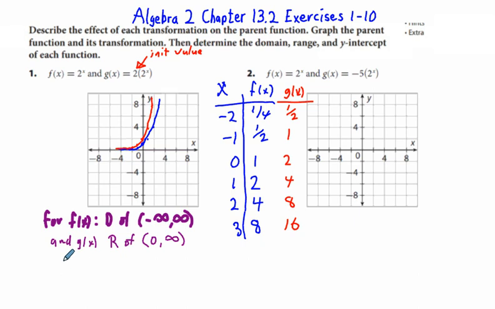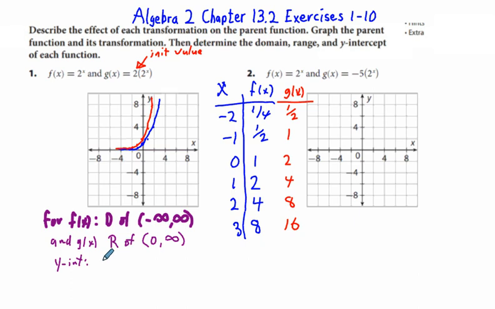The domain and range are the same for f of x and g of x. For the y-intercept, we look at where x equals 0.